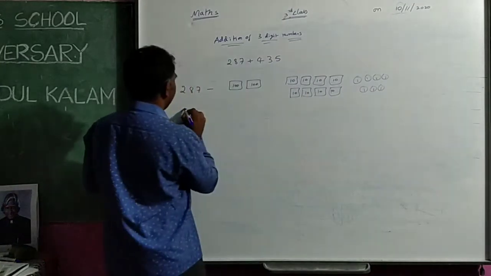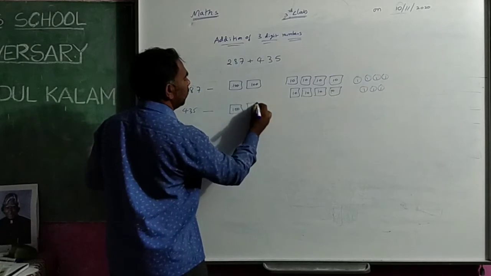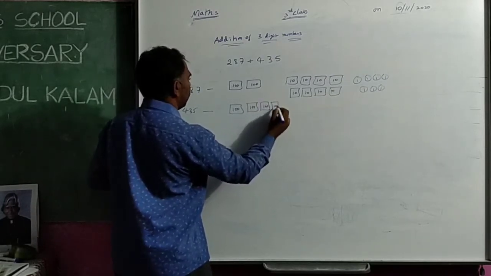The second number is 435. 435 means 4 hundreds and 3 tens and 5 ones.